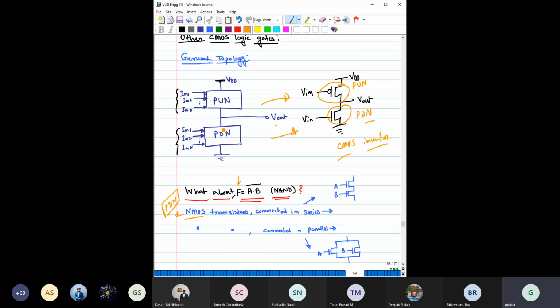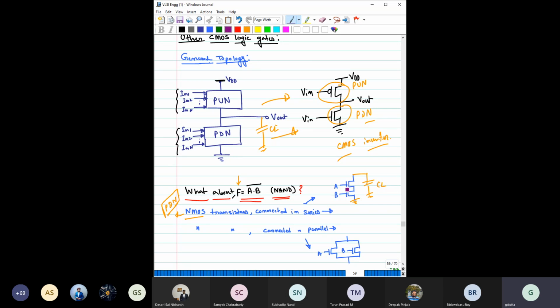So from this perspective, we can definitely say that NMOS is used in the pull down network. You have connected some load here, and this is grounded. I have connected a load capacitor here, and the inputs A and B are connected in series.